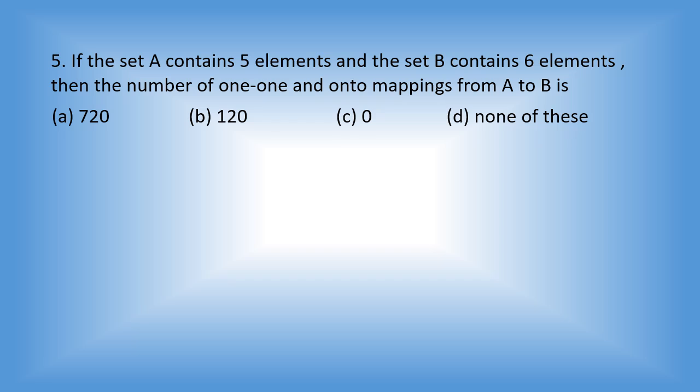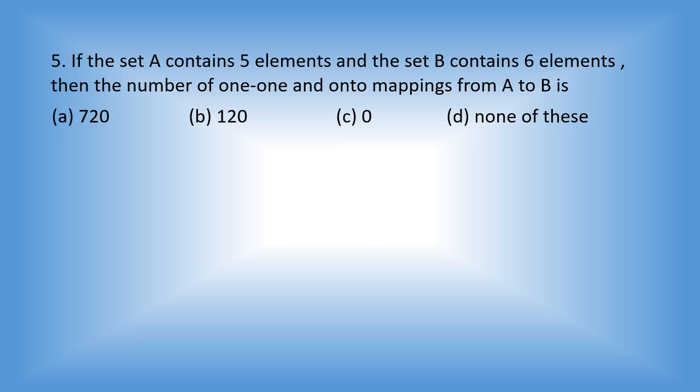So for a function to be 1-1, all the elements of the domain set, in this example A is the domain set and B is the codomain set, all the elements of the domain set should have a unique image in the codomain set.